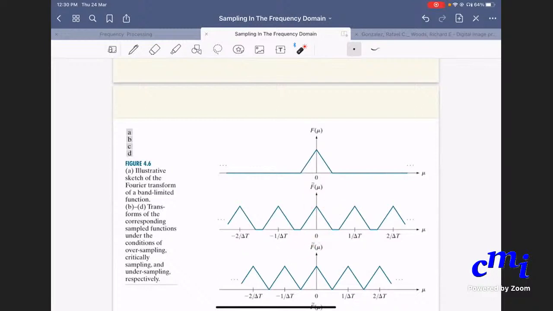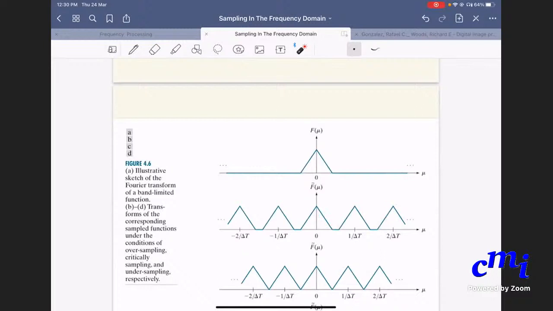This case is called oversampling, because not only do you get the entire copy, but there is also more separation between these copies.